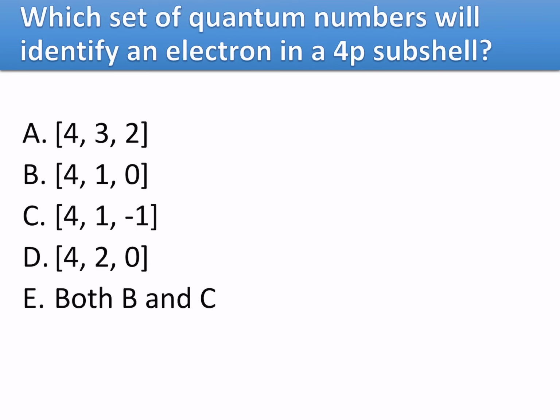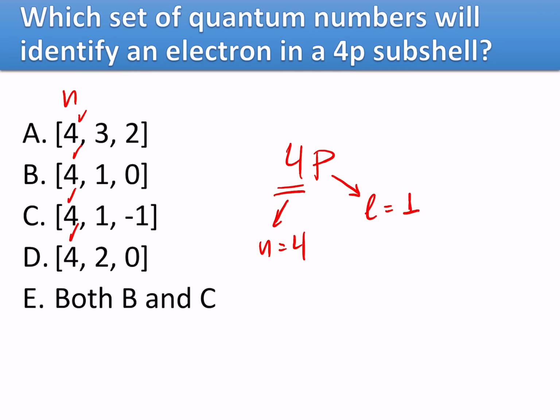Now, which set of quantum numbers will identify an electron in a 4p subshell? Okay? So we have 4p, right? This number here, 4, that describes n. So that means n equals 4. And n is the first number, so they are all 4, so they are okay. All of them check. Now, this letter here, the orbital p, corresponds to L equal 1.